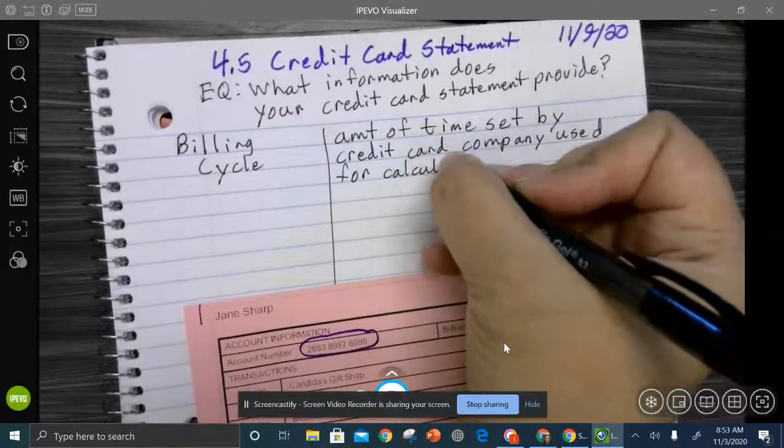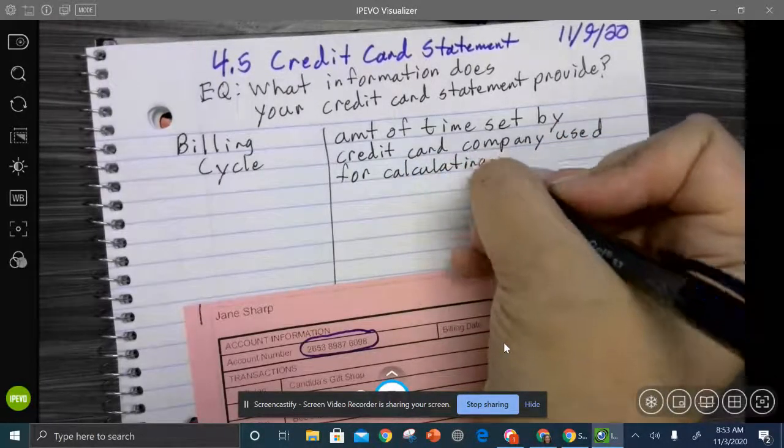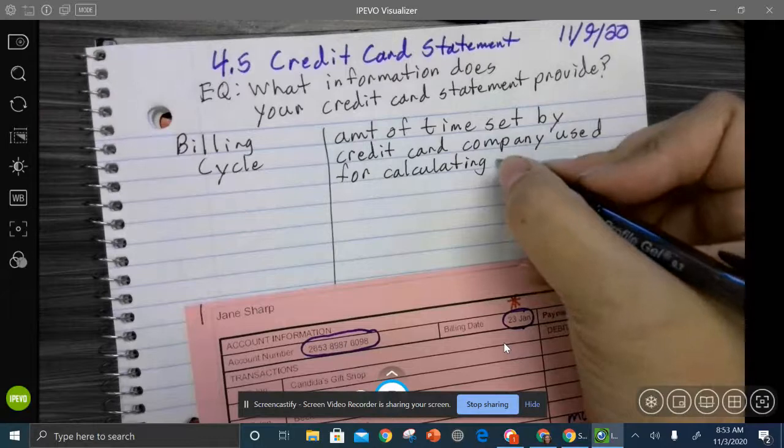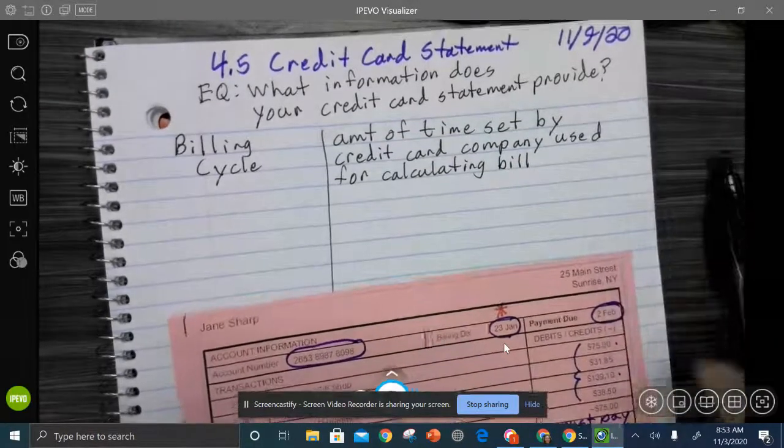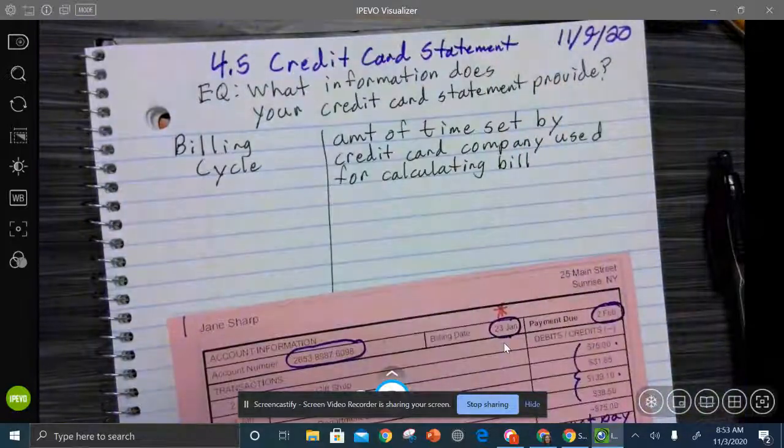And this also is something that your credit score can affect, because if you have a lower credit score, they'll give you a shorter billing cycle. Okay, so they can do that.